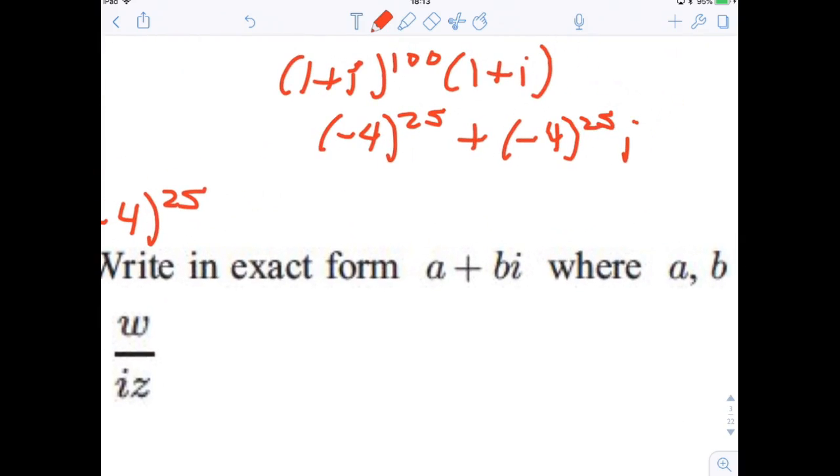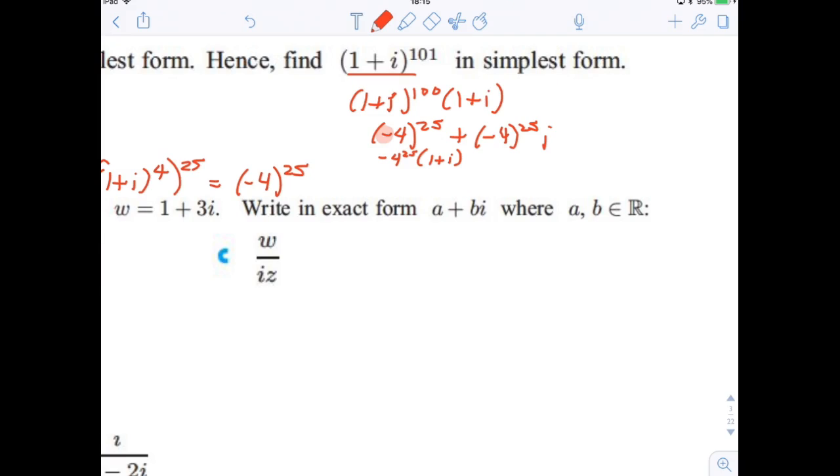Even if you took the negative times itself 25 times, you just get a negative. So this would be -4^25 (1 + i), like that. I'm not sure if it's worth doing 4 to the 25th. That's just a huge number. I think we can just leave it like that.